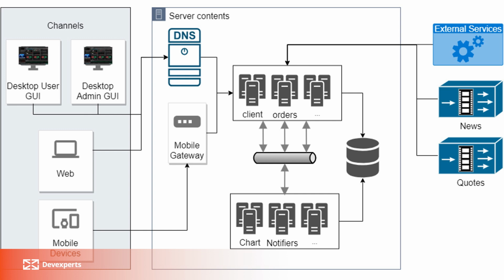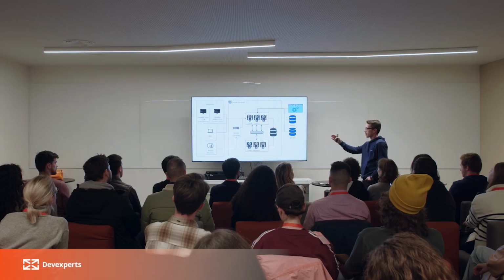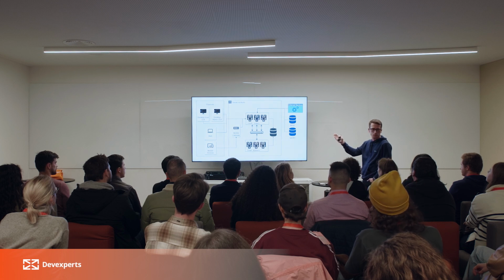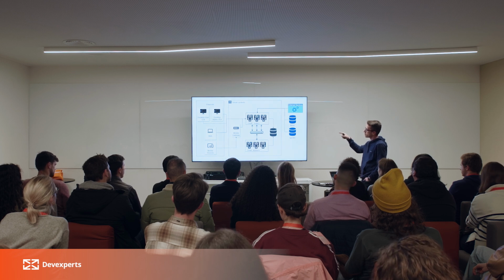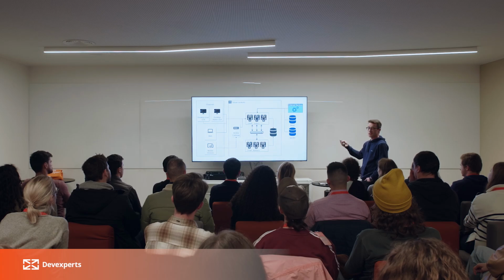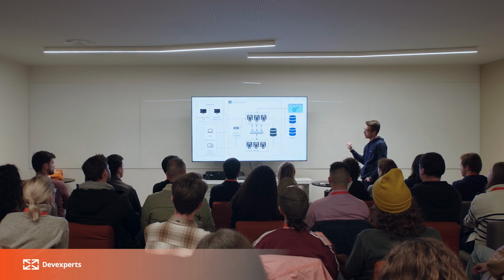And on the server side, as we can see, it's a client-server architecture, right? On the server side, we have different subsystems, and they are communicating with each other synchronously and asynchronously as well. And we have a message bus to help the communication between them. We also have different external sources of data.